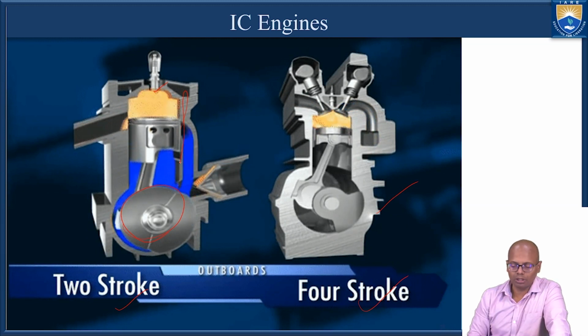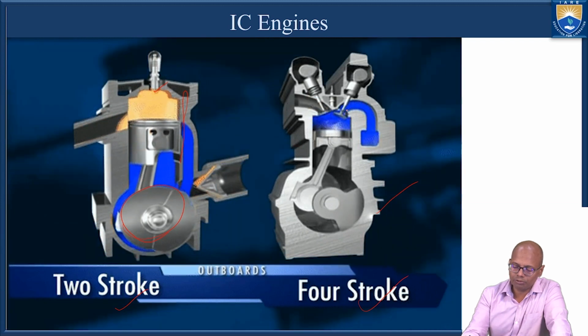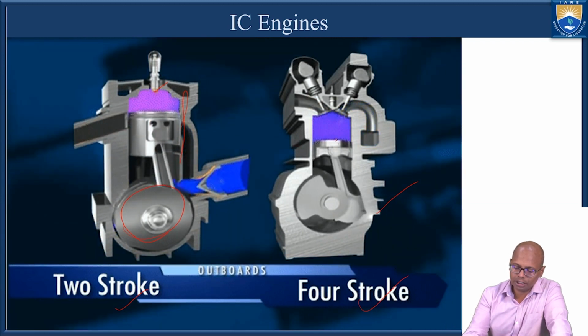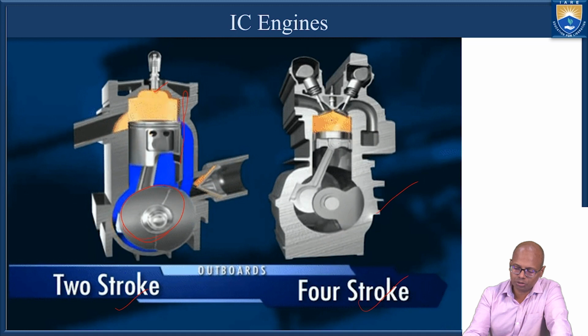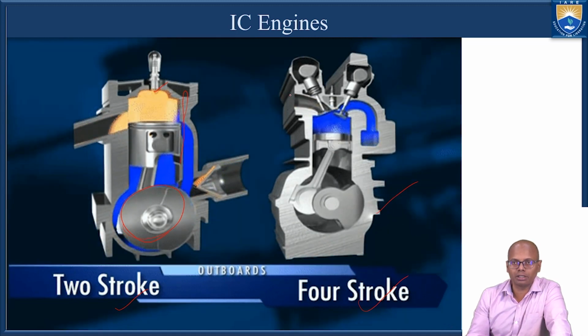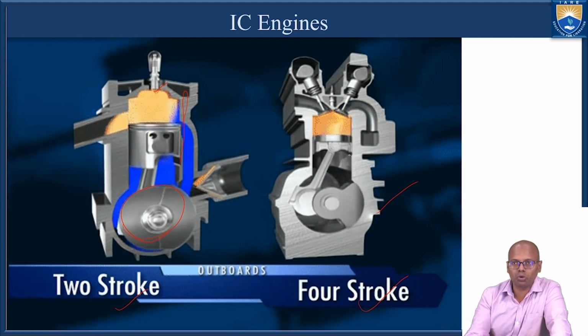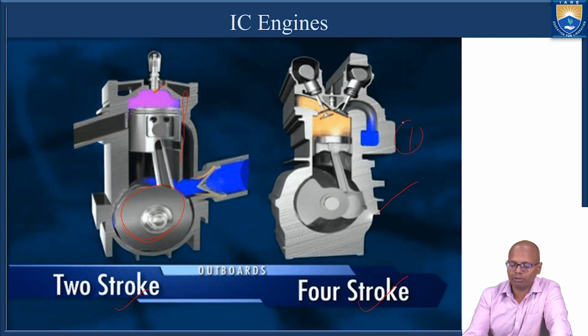In this upward stroke and backward stroke we have a power stroke. And now if you come to the 4-stroke engines, this is the intake stroke, compression stroke, combustion stroke, and the exhaust stroke. So we have 4 strokes for one power stroke.